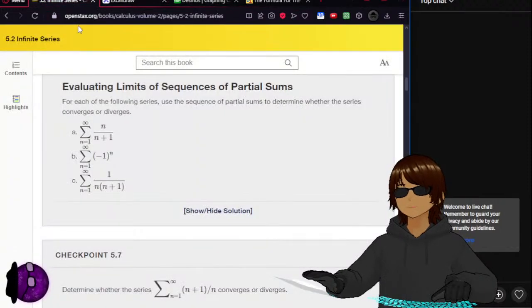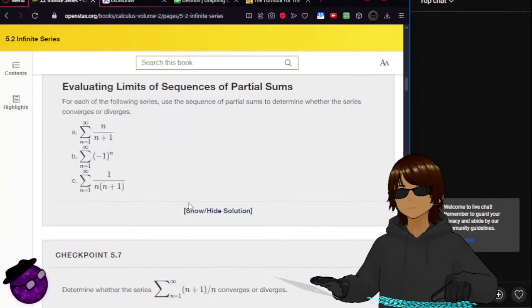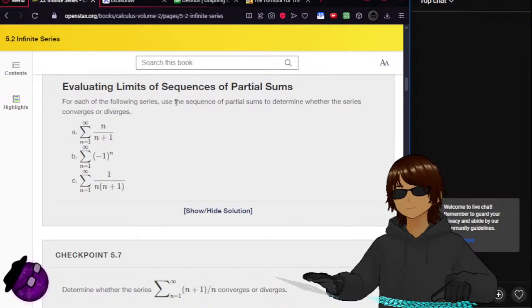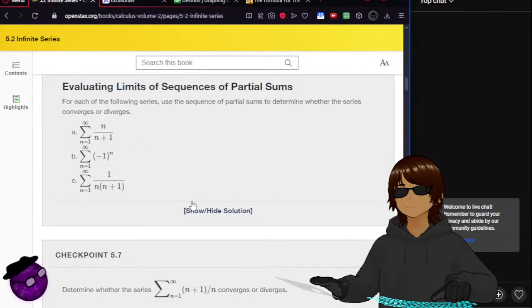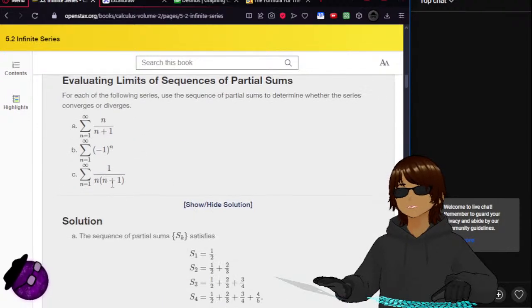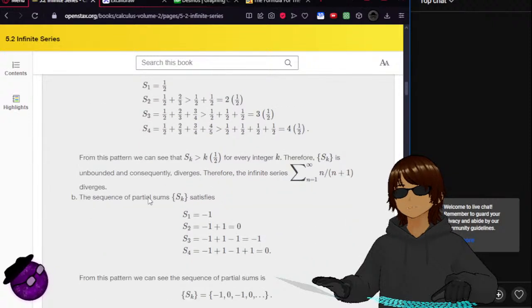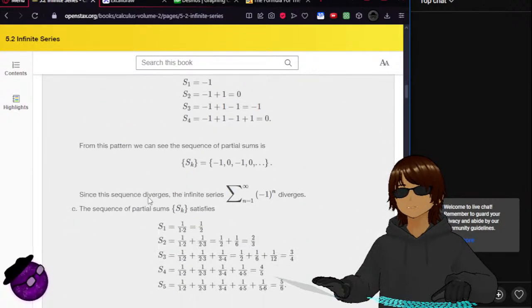I have no clue. We just have to figure out whether it converges or diverges. So it converges, that's correct, but I want to know what the final value is.